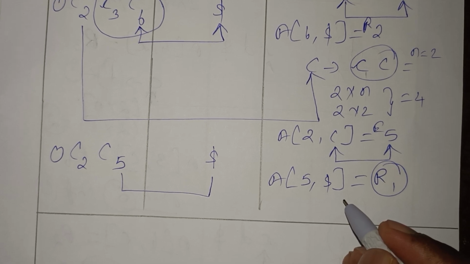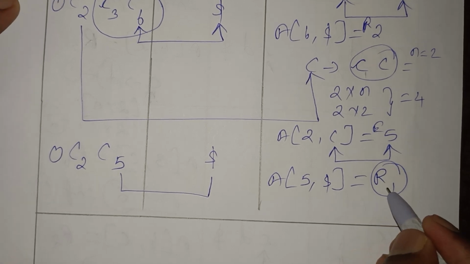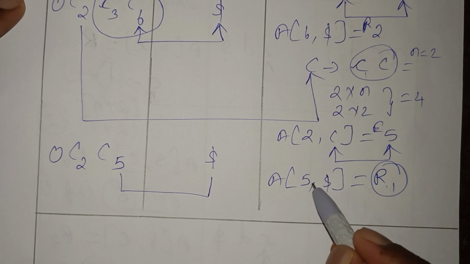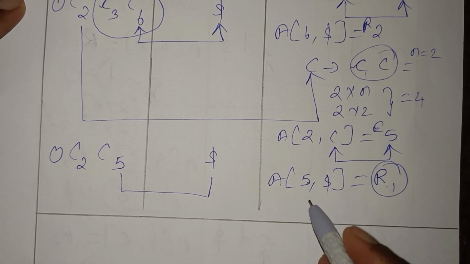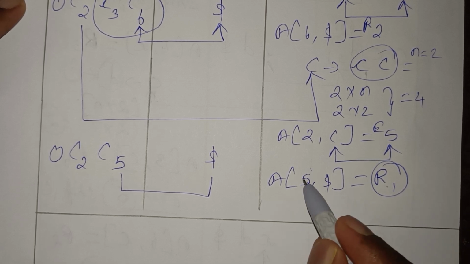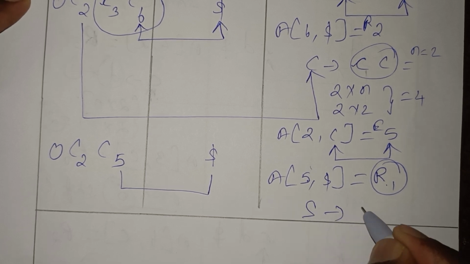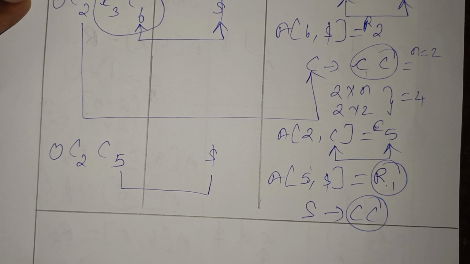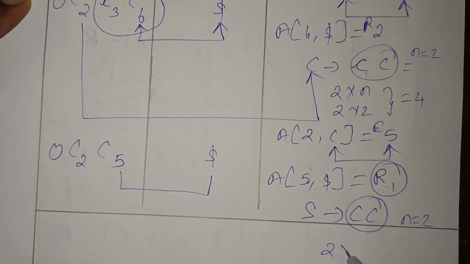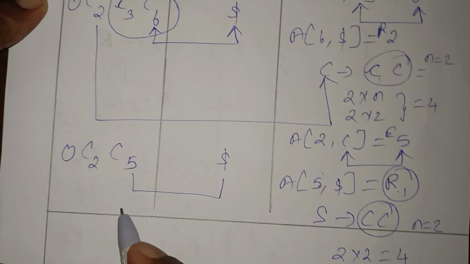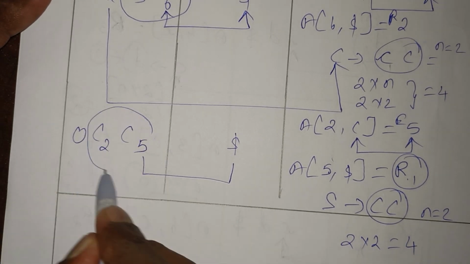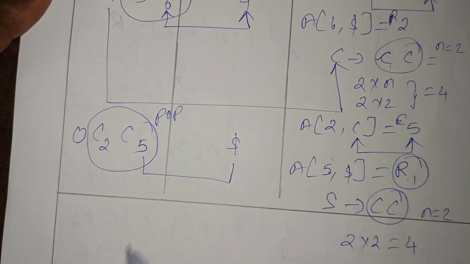You can see here, 5 comma dollar, that is finished. So taking this R1, R1 is called iteration number 5. So take this, S tends to capital C. Now here you know very well what is that n. n is equal to 2 into 2, which is equal to 4. We are going to pop 4 elements over here.